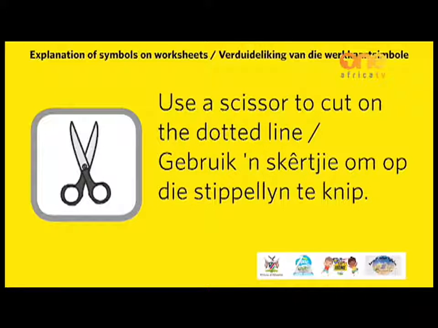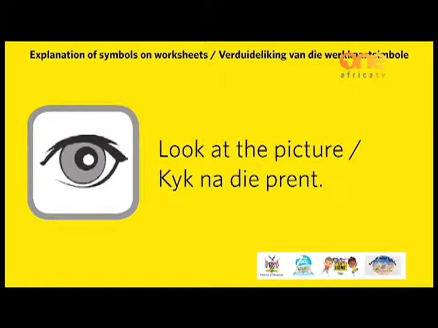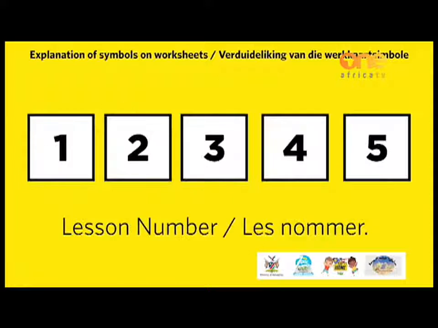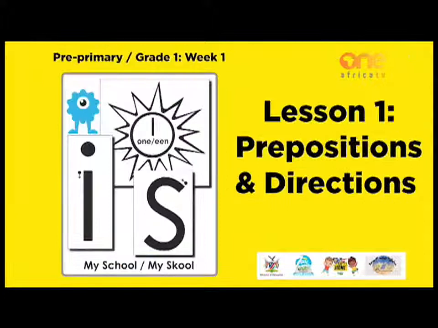Use scissors to cut on the dotted line. Look at the picture. Use these symbols for the lesson of the day, which will be allocated at the top right side of each page. For example, Lesson 1, Prepositions and Directions.